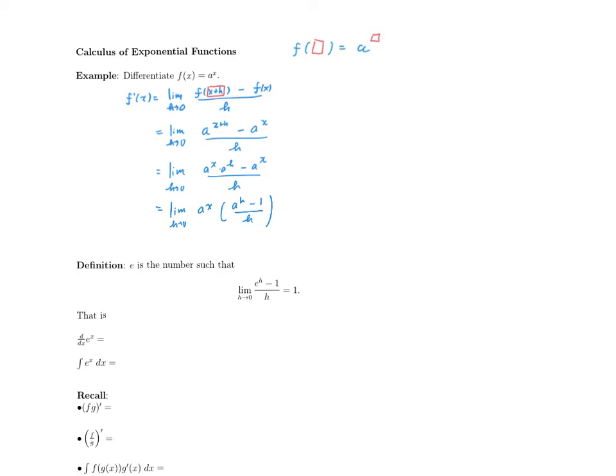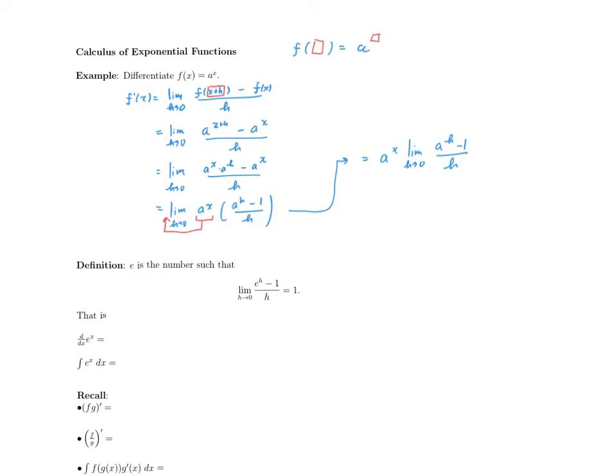And we'll even take this a step further and make the observation that a to the x, with respect to h, is a constant, and we can pull constants out of a limit. That is, this becomes a to the x multiplied by the limit as h approaches 0 of a to the h minus 1 all over h.